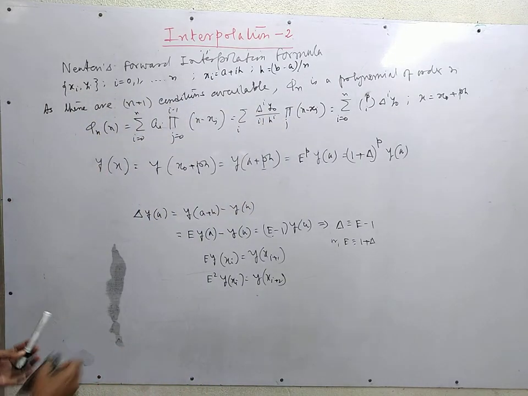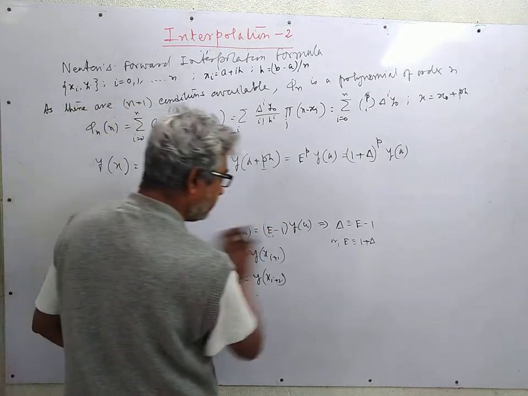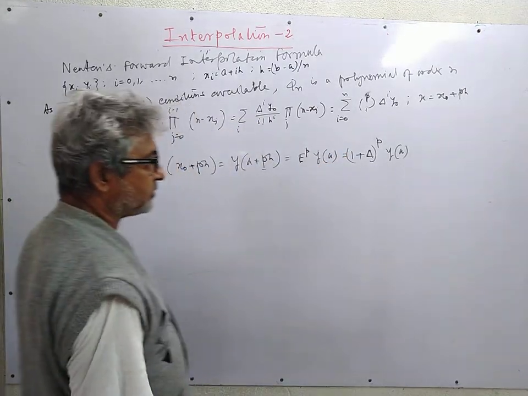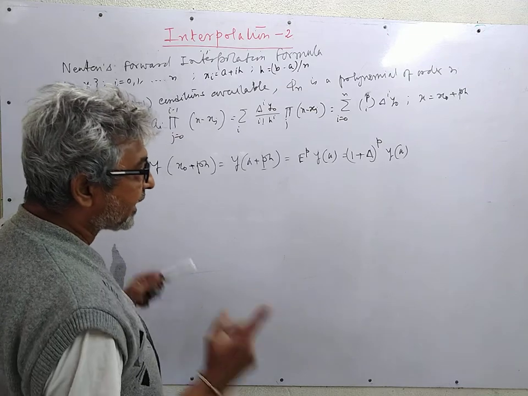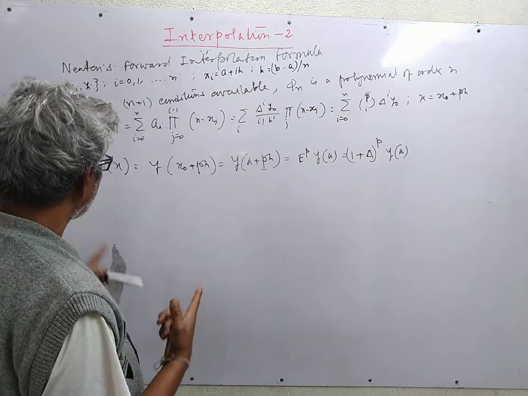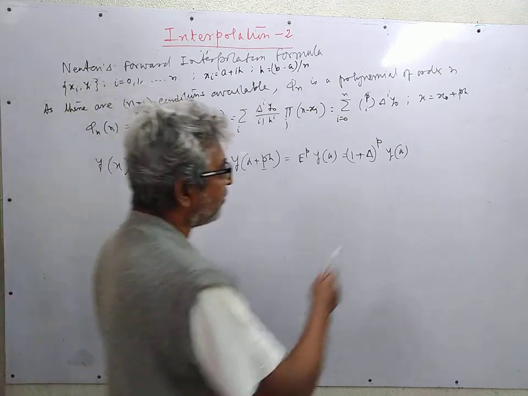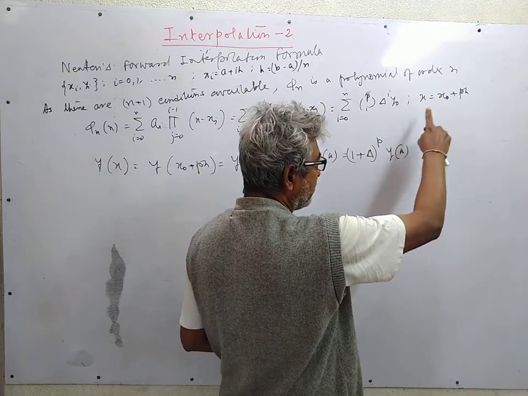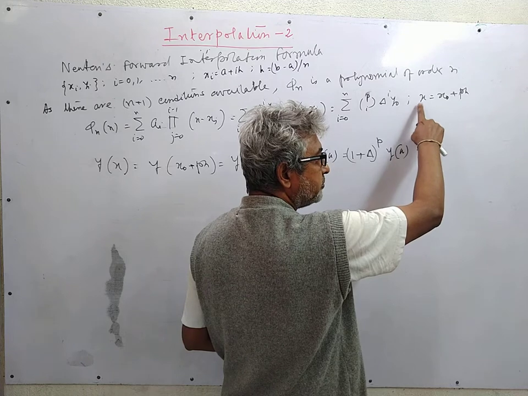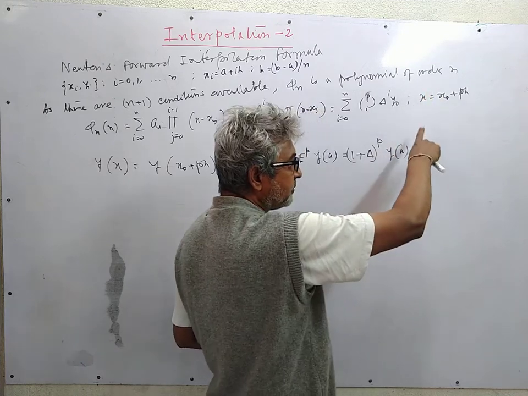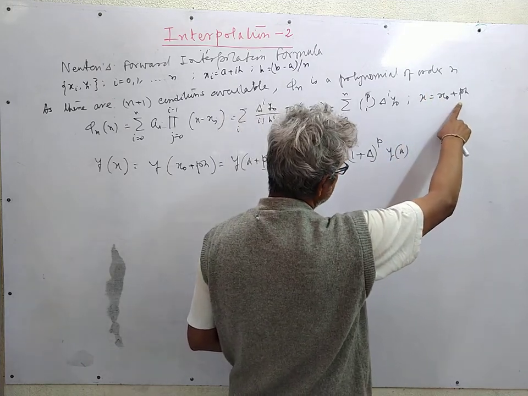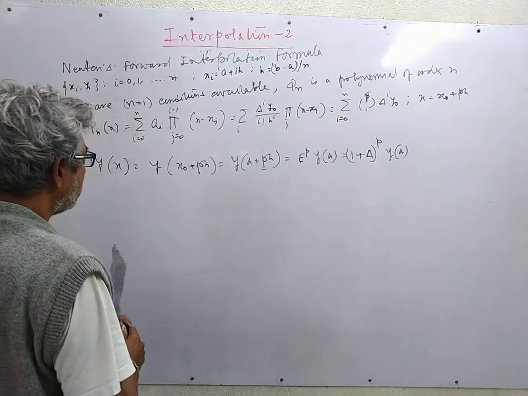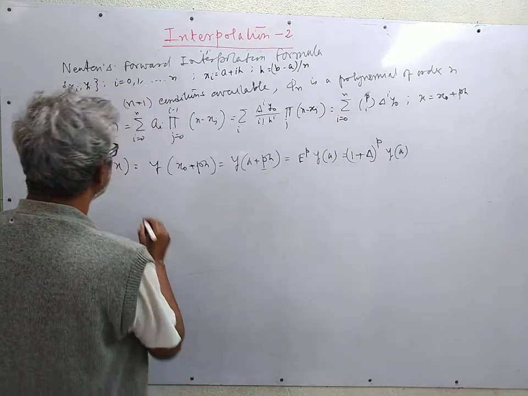We expand this quantity in a binomial series for fractional index. Note that since the value of x at which we want to estimate the value of y does not belong to one of the tabulated values, p is not an integer, p is a fraction, so it is a binomial expansion of fractional order.